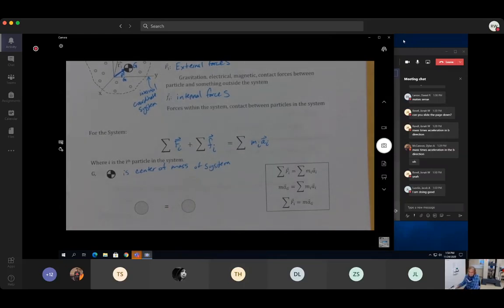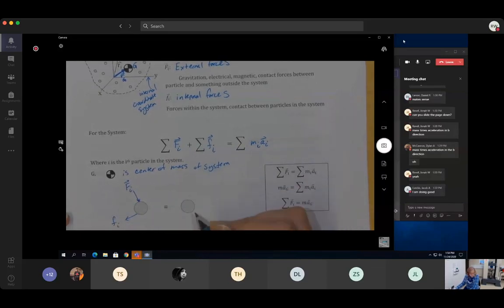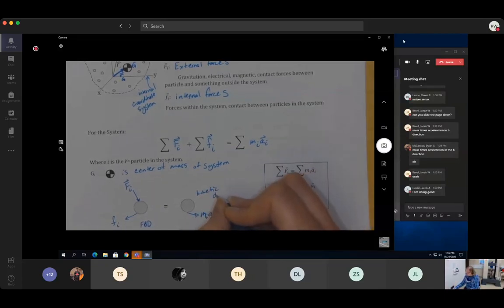Okay, and like we had before, we have external and internal forces acting on each particle, and that'll give us some sort of a mass and acceleration of each particle.